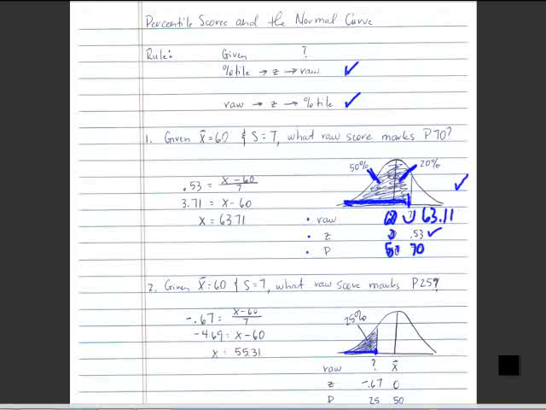Okay? Let's talk about question 2. Given the same mean, same standard deviation, what raw score marks P25, or the 25th percentile? And as it turns out here, we're going to use that same rule because we're looking for a raw score. We're given a percentile score. And so I'm going to give you a moment to stop and think about what is it exactly that you're going to do.